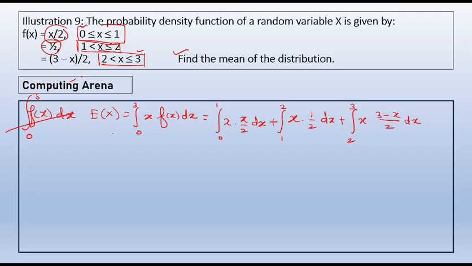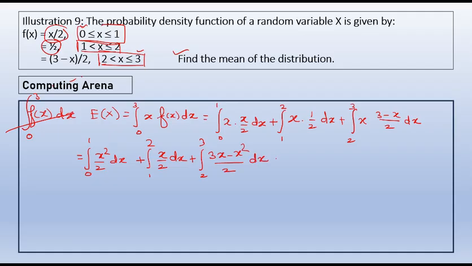Now let us solve them one by one. First, the integration of x square by 2 dx from 0 to 1. Then 1 to 2 of x by 2 dx, plus 2 to 3 of (3x minus x square) by 2 dx.